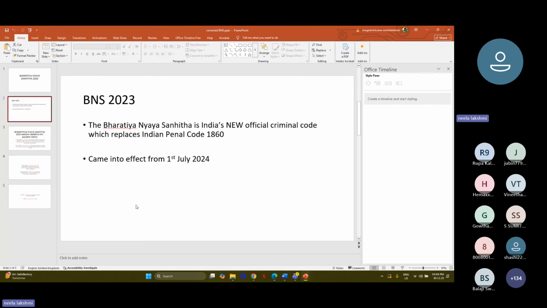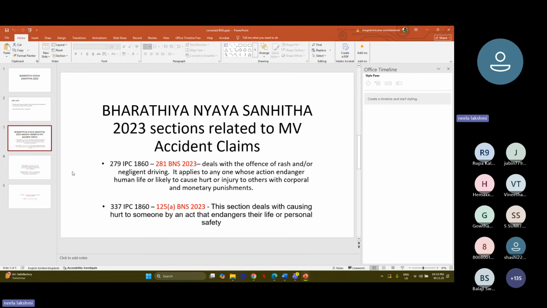Bharatiya Nyaya Sanhita is India's new official criminal code, which replaces the Indian Penal Code 1860. It came into effect from 1st July 2024. For the MV Act, the IPC sections we used earlier, the relevant sections I have given here.